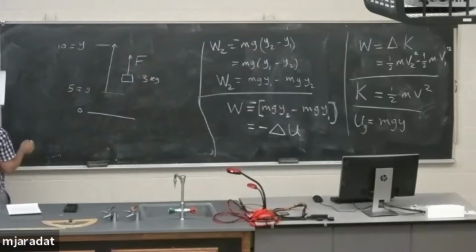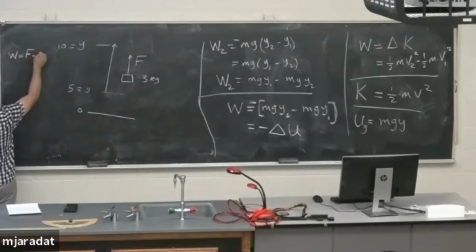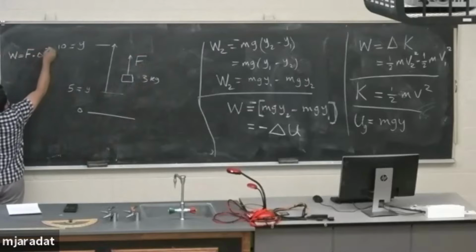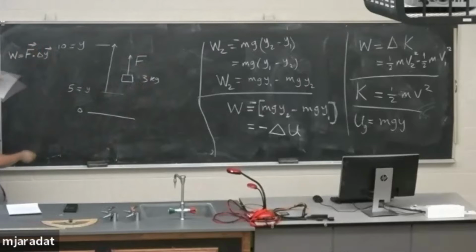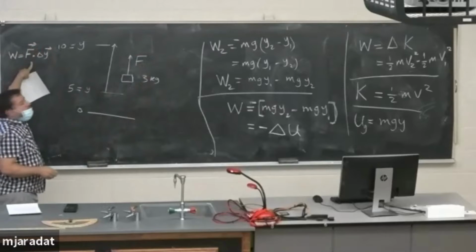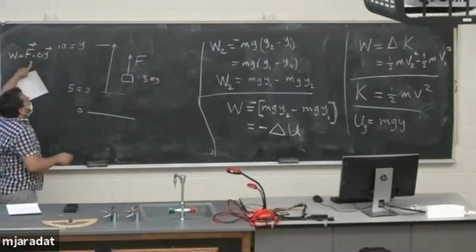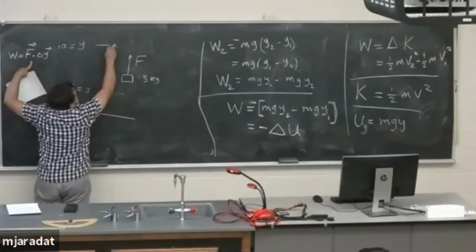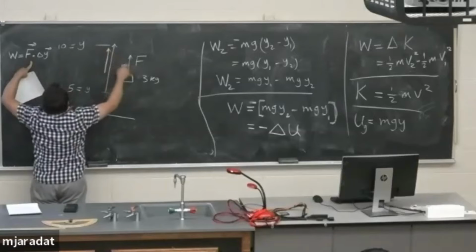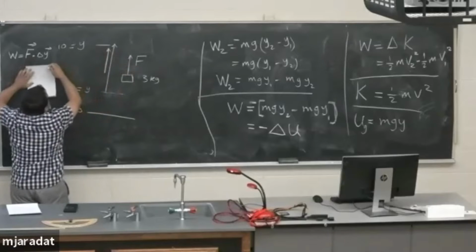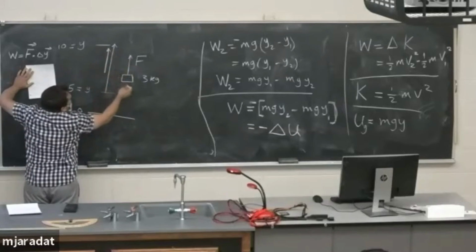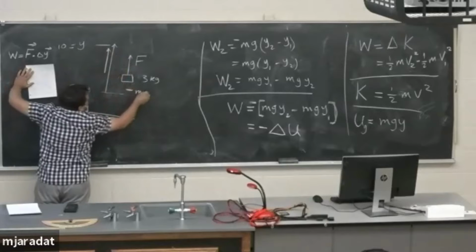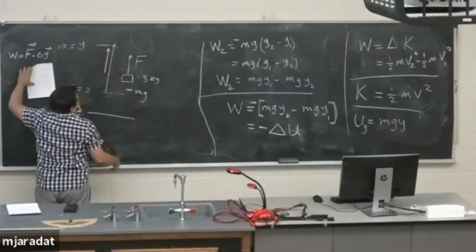Okay, what is the work? The work is equal to F dot delta y. I use now the dot product as you see. Delta y is upward. The applied force will be equal to the negative mg, just as in the second case.